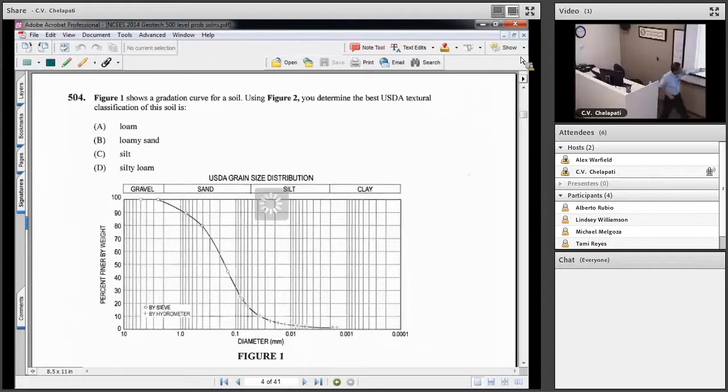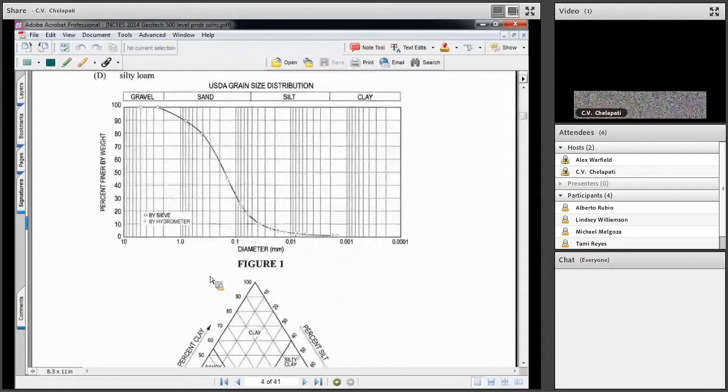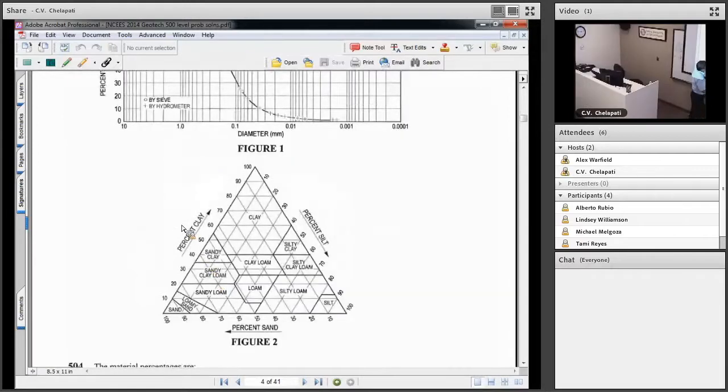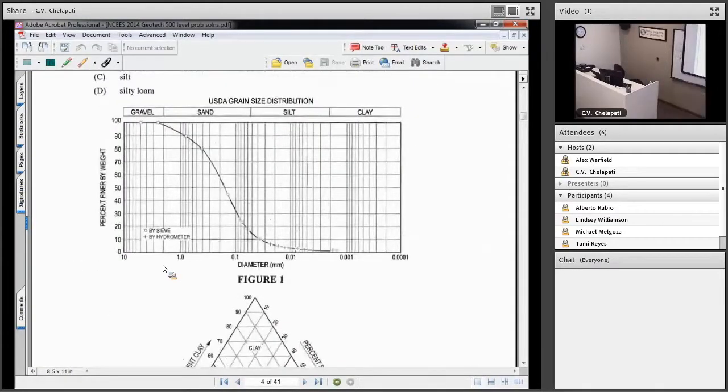You can see at this line here is where gravel is, and it looks like about 2%. And then the percentage amount of sand is between here and here. And you can see it's predominantly sand. So something like 18, let's see, that's about 98 minus 18. So about 80%.